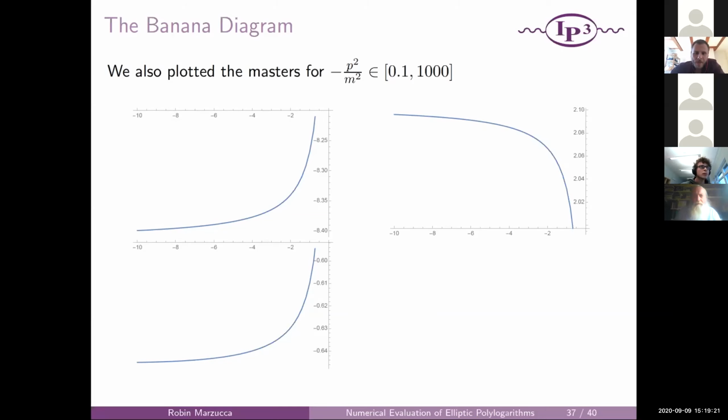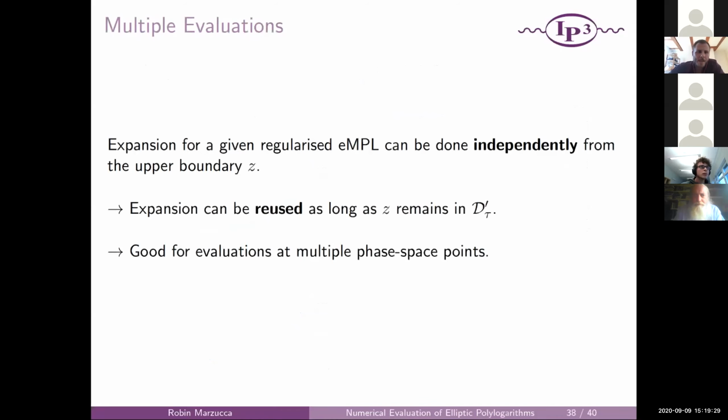In order to make these plots, I used a property of the output of our algorithm, which is quite nice, namely that you can compute an expansion and reuse it to a certain degree. In principle, you can do this expansion up to the path decomposition along these orange line bits.